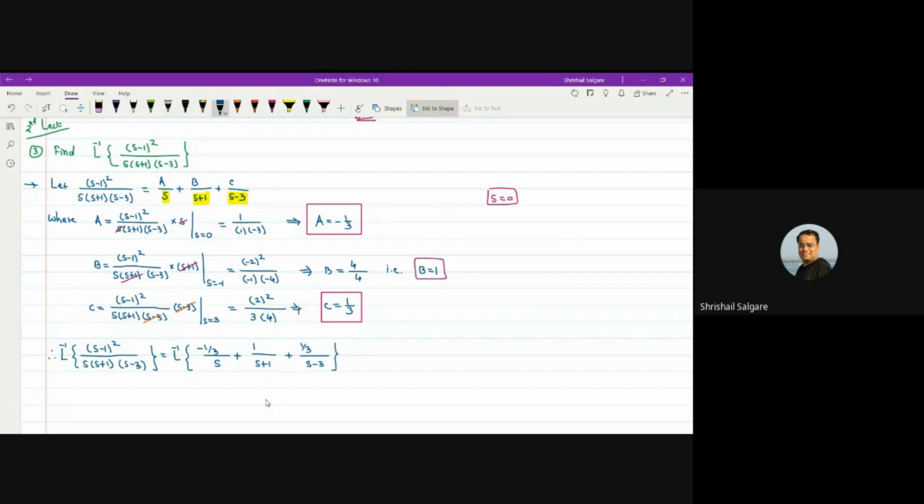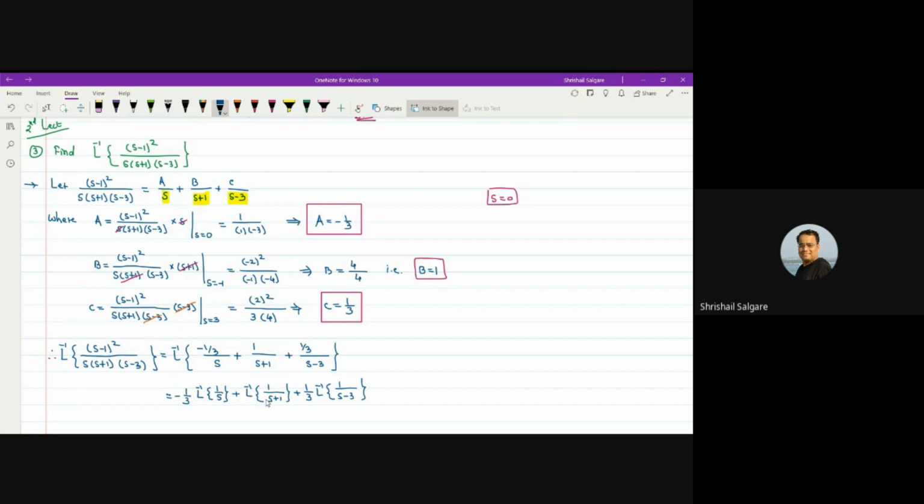By linearity, I take minus 1 by 3 as common. Can I write the answer? L inverse of 1 upon s, plus L inverse of 1 upon s plus 1, plus 1 upon 3 into L inverse of 1 upon s minus 3.